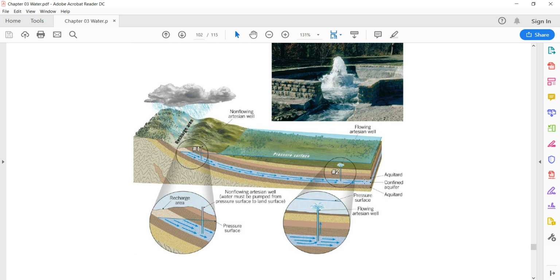So this zone of saturation is not getting recharged from up above because the recharge cannot go across this aquitard. The aquifer itself is laid out in such a way that it is exposed to the ground surface at some place, so that the rainwater will feed into that landscape, and then the water can be absorbed into this aquifer system and travel much farther from the site where the rainfall has occurred.